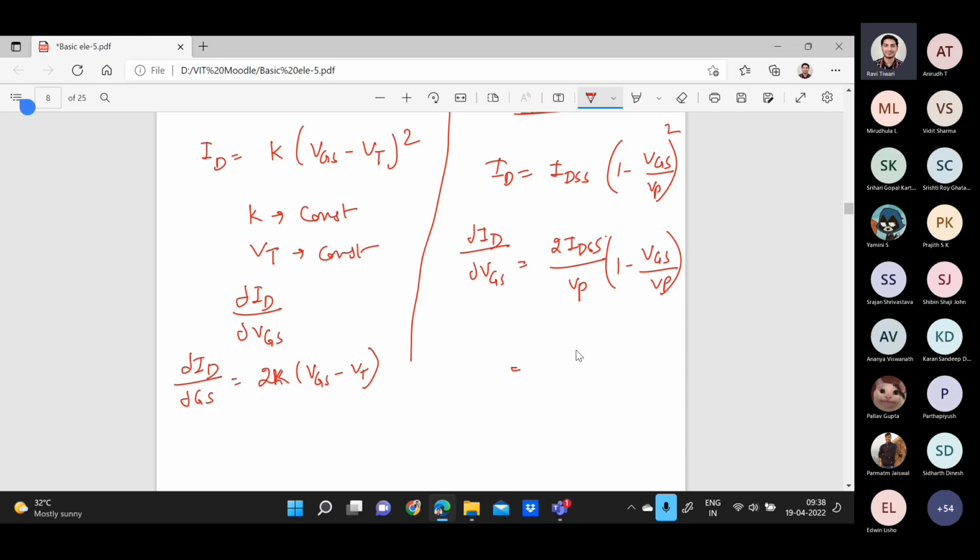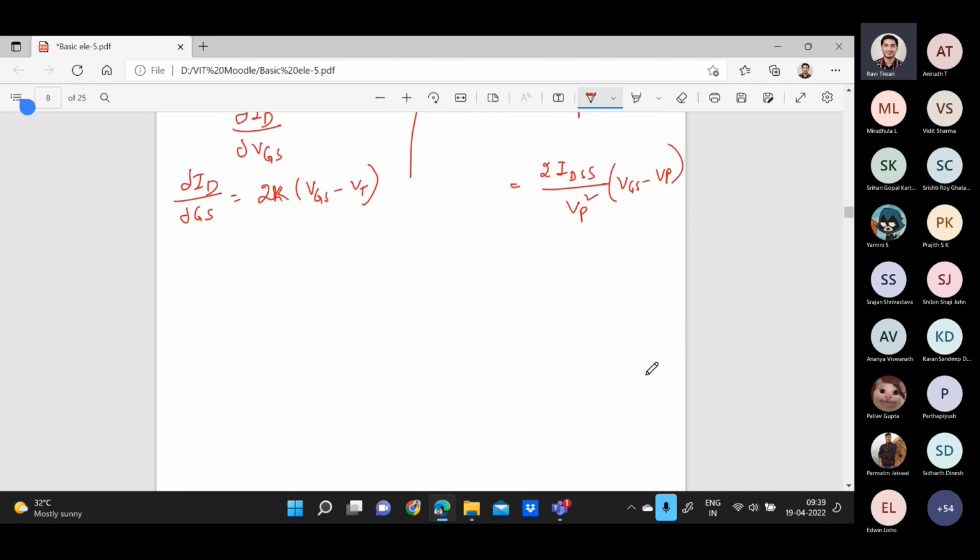Here you can take VP common, so it will be 2 IDSS divided by VP square, times (VGS minus VP). So this is the rate at which ID is changing with respect to VGS. These are the two formulas we will use to solve numericals. So let's see one numerical at least for today's lecture.